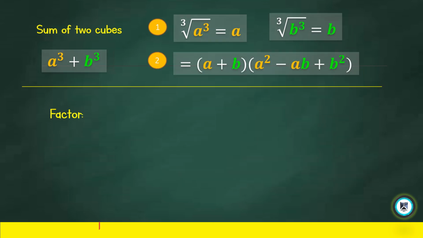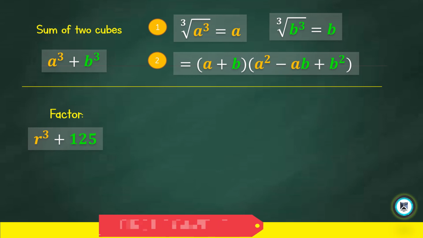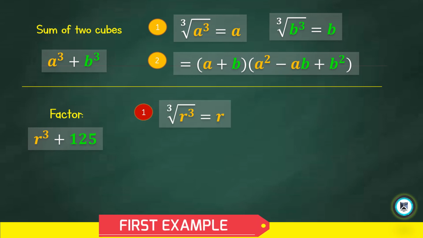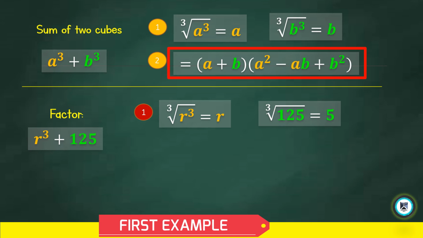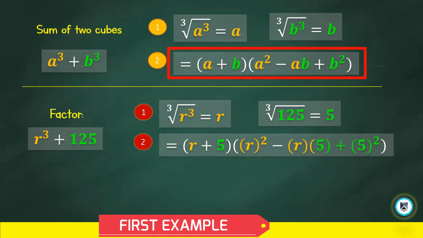For our first example, we have r cubed plus 125. To factor it, we first get the cube roots of the two terms, after which we follow the pattern indicated on top. We have the product of r plus 5 and r squared minus r times 5 plus 5 squared.